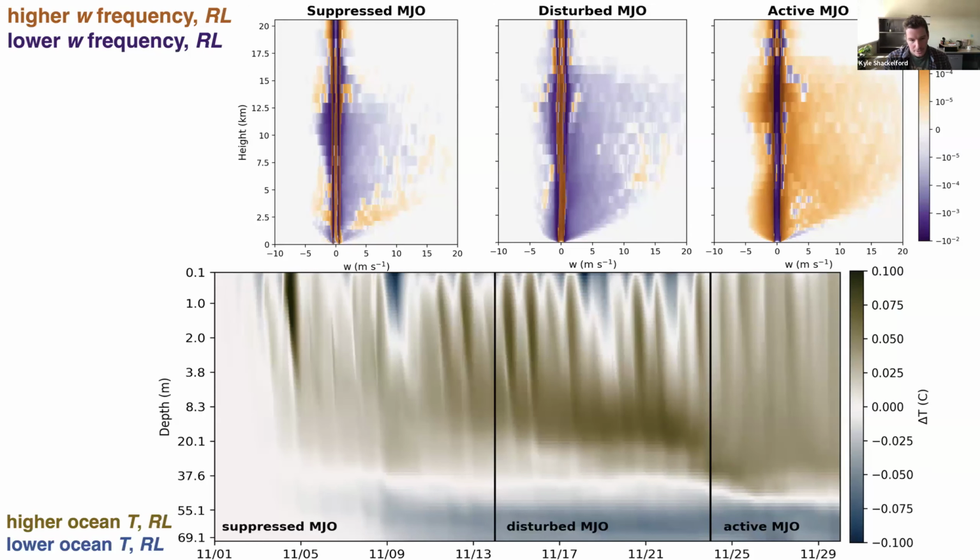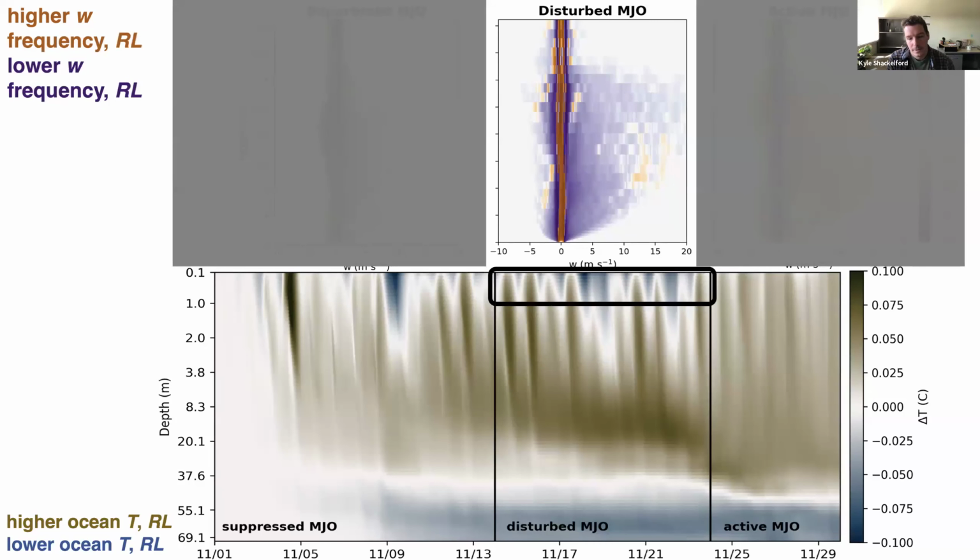And so now we're kind of going to try and bring it all together. So looking at the bottom, the figure we already looked at of domain mean ocean temperature difference between the two simulations. And in the top, looking at the change in vertical velocity bin frequency in the troposphere. Focus first on the MJO disturbed phase. So again, we have frequent rain layer presence reducing sea surface temperature.